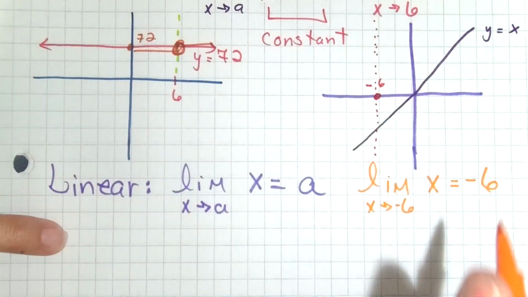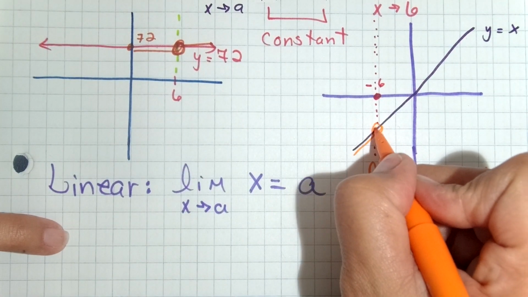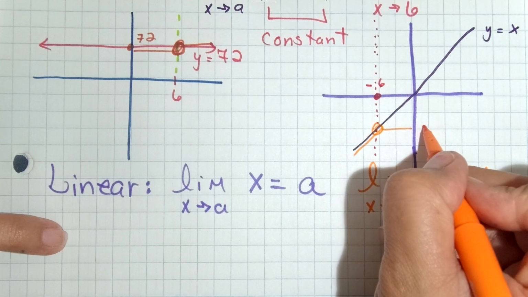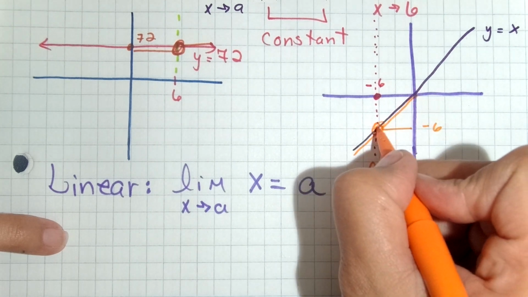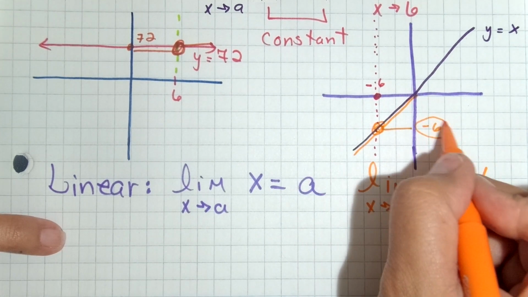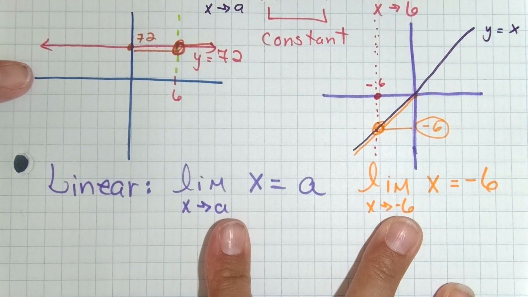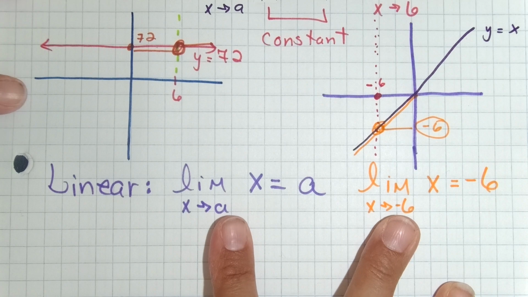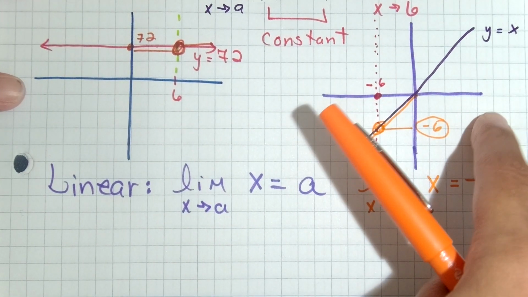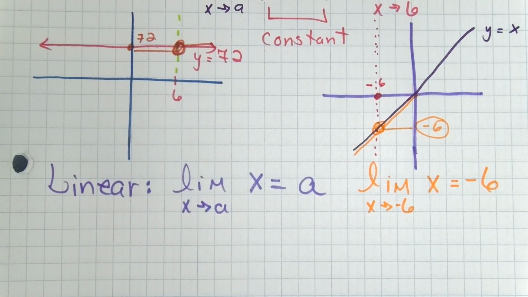I come from the left, that's negative 6, and I come from the right, that's negative 6. That's why the limit is negative 6. So here's using algebra, and here is using graphs. So we're connecting the two. Questions? What's wrong, Andrea? You sure? Okay.